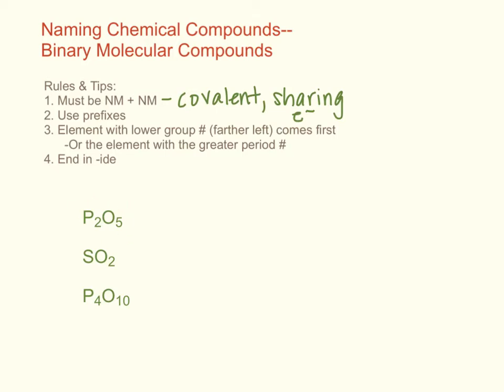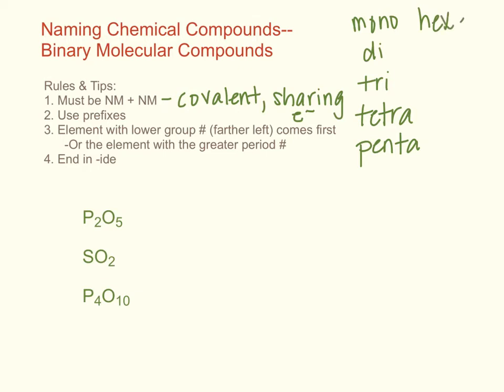in my compound. And so my prefixes, remember, I have mono for 1, di for 2, tri for 3, tetra for 4, penta for 5, hexa for 6, hepta for 7, octa for 8, nona for 9, and deca for 10.